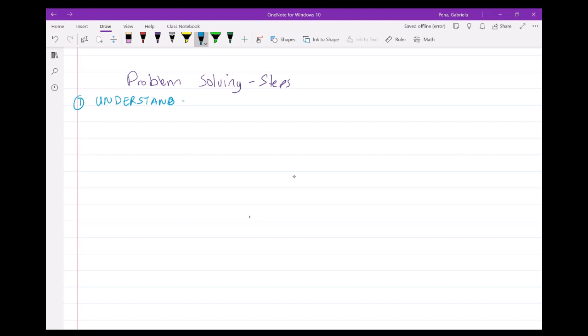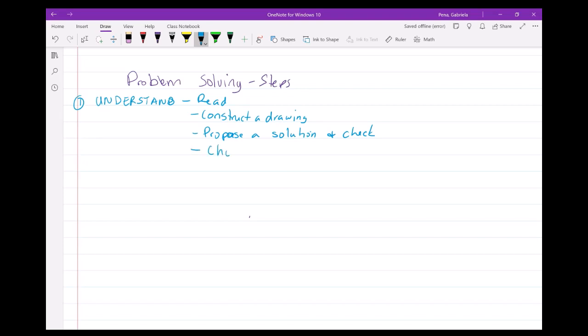And how can you understand? You could read, you could construct a drawing, you could propose a solution and check. Pay careful attention to how you check the proposed solution.